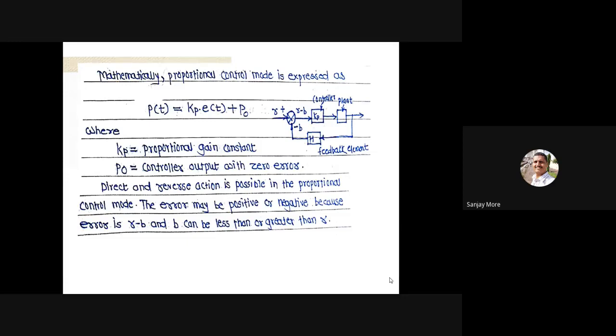The error may be positive or negative because error is R minus B, and B can be less than or greater than R.